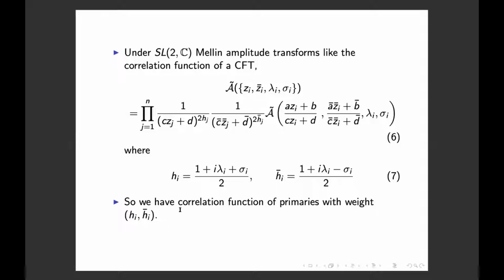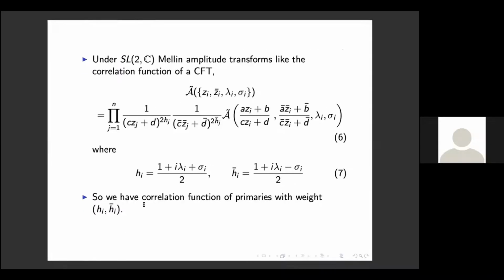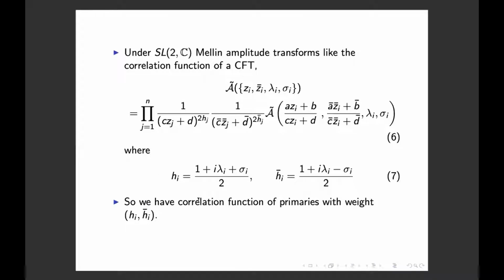So H plus H bar is the scaling dimension, and H minus H bar is the spin. So you can see that now this A tilde transforms like the correlation function of primaries with weights Hi and Hi bar.